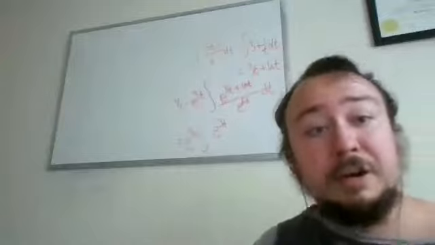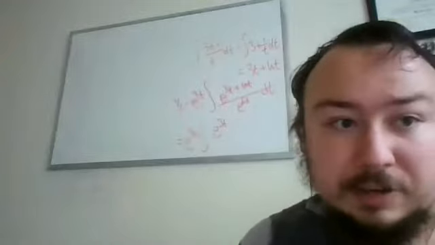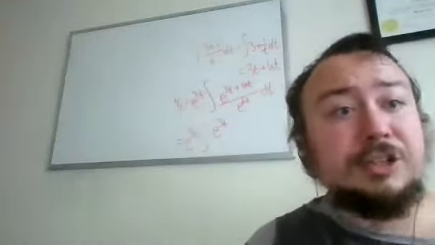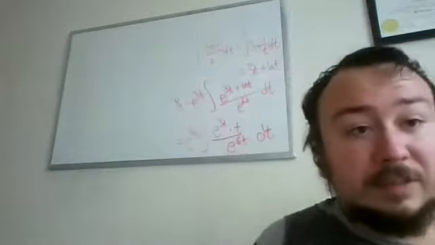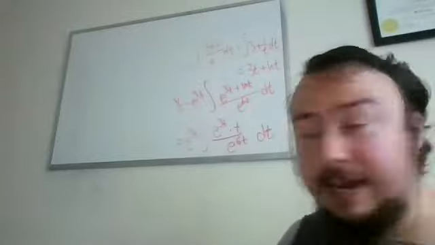So this is e to the 3t times e to the ln of t. But remember, e and ln are inverse functions, so they cancel out, and that's just going to be a t. So we have e to the 3t times t, and then we're still dividing by e to the 6t.